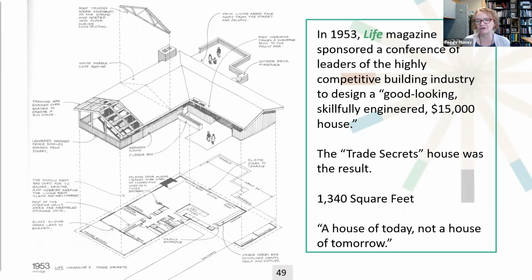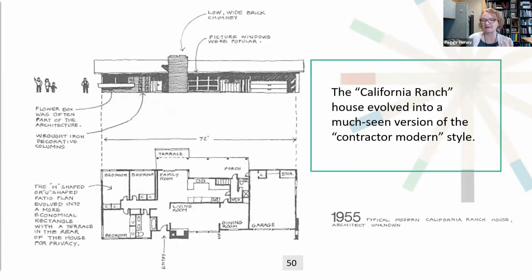One of those is that triangular roof truss that you see there. This house, published by Life magazine in 1953, was highly influential in the vernacular contractor modern movement of house building.